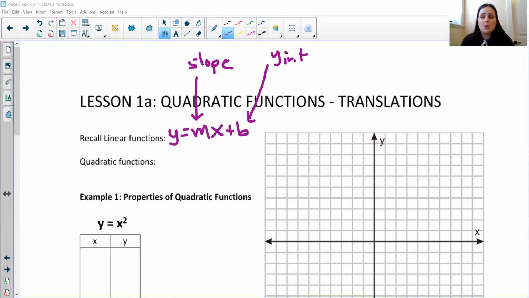So we're going to be talking about quadratic functions, and quadratic functions have a slightly different format. Here's an example of one, and I'm going to just copy it down and make sure I do the same one. 5x squared minus 13x plus 2, and that should look really familiar.